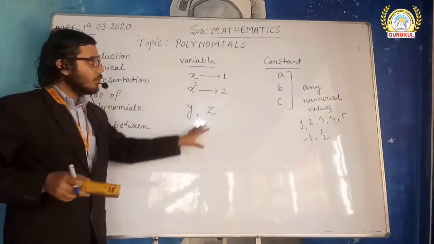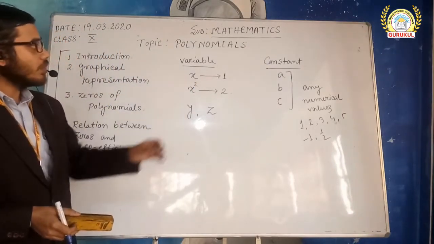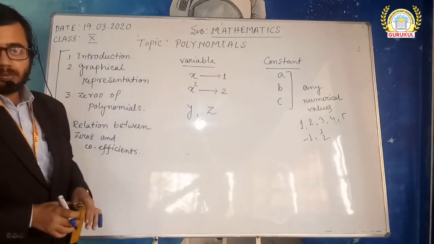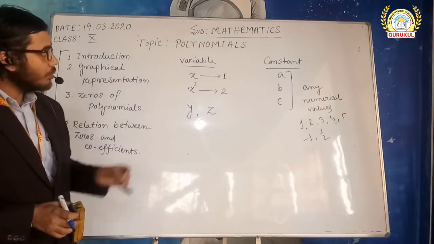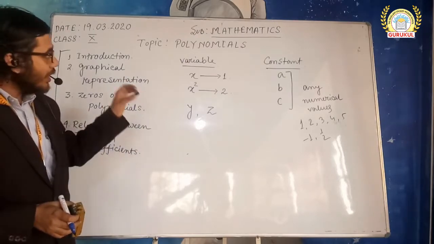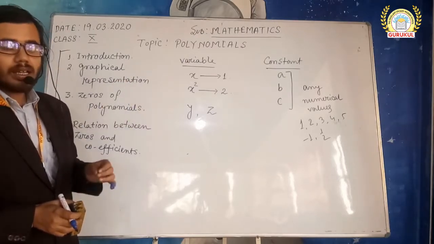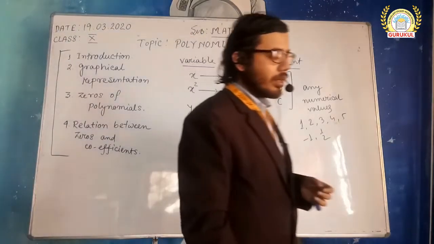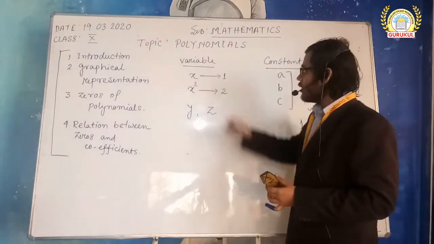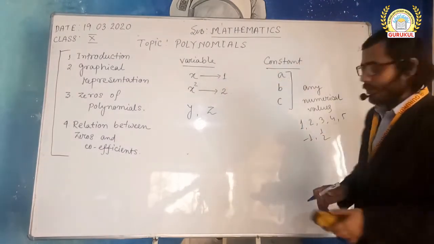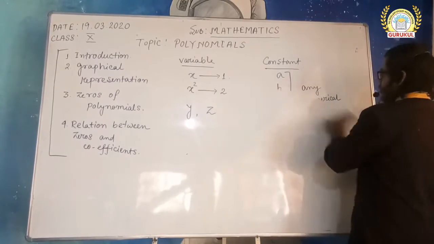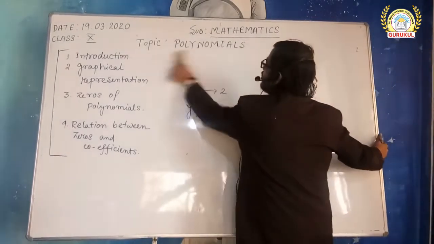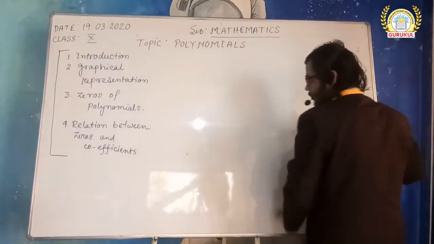Now, what is a polynomial? We have already learned about the variable and the constant. Now, if we mix both of them and form an expression, that expression is called a polynomial. So polynomial is an expression mixed with variable and constant. Now we are going to see an example of how we mix the variable and the constants.